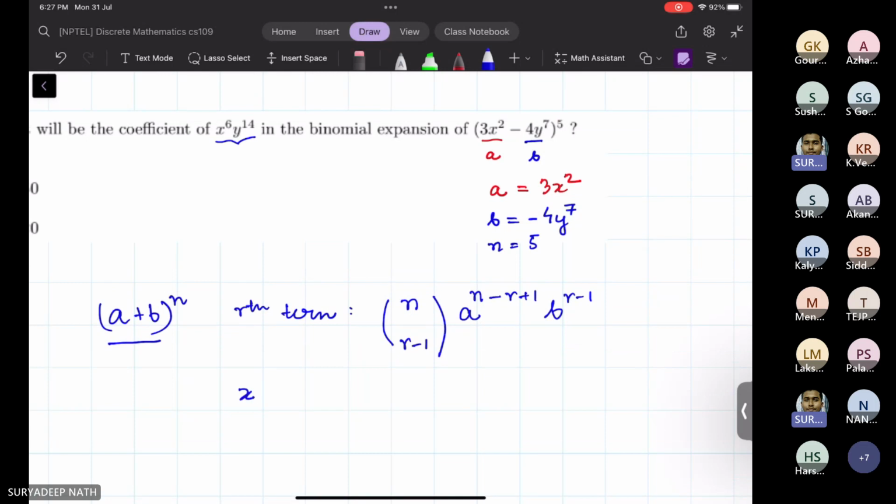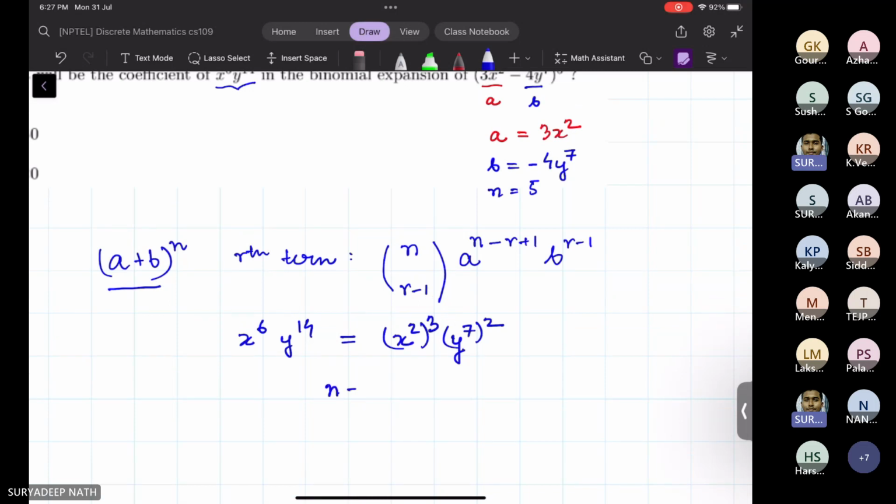So x to the power 6 and y to the power 14 would basically mean we are finding x square whole cube and y7 whole square.